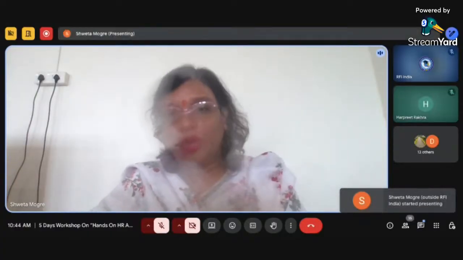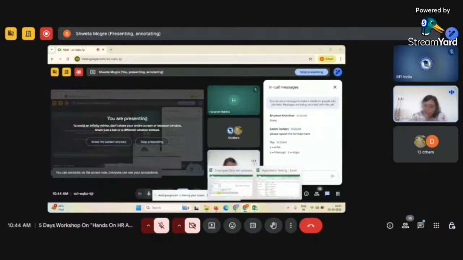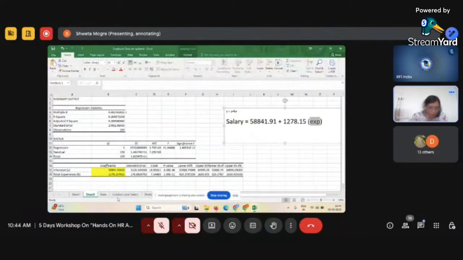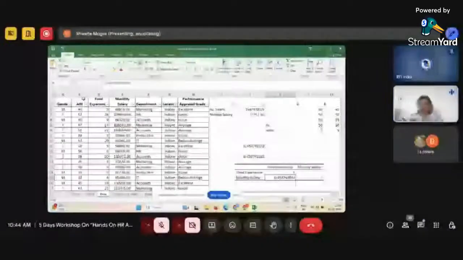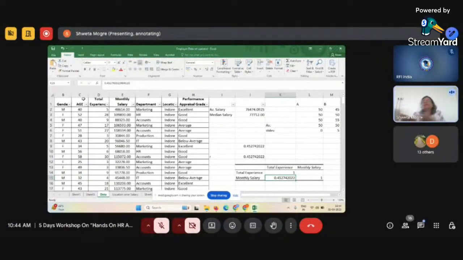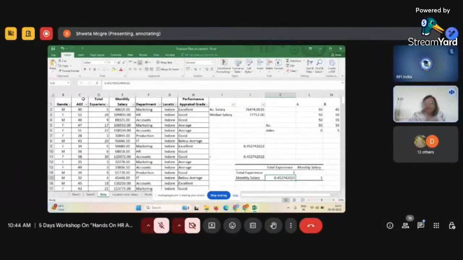This is the drawback, a limitation of correlation and regression: we can apply them only on numeric data. So suppose now I wish to check the joint impact of age and experience on salary. I wish to check the combined effect of age and experience on monthly salary.